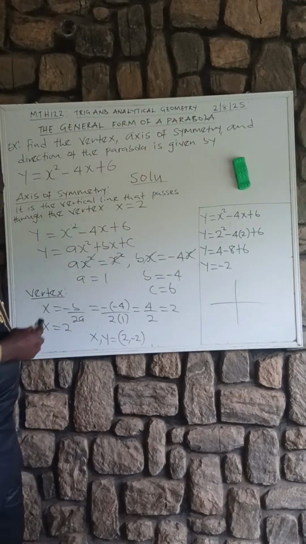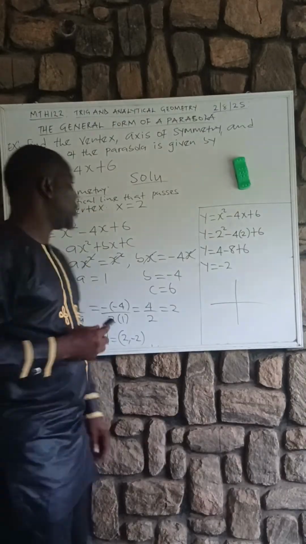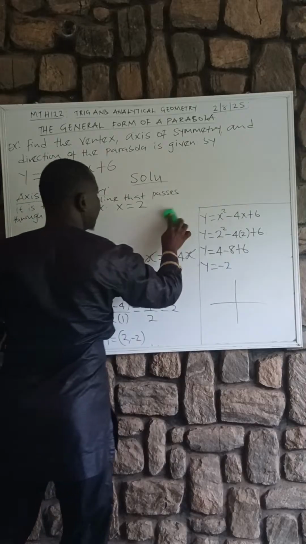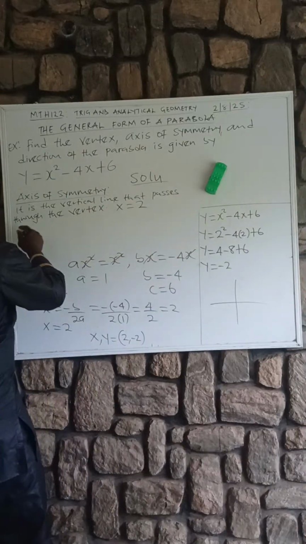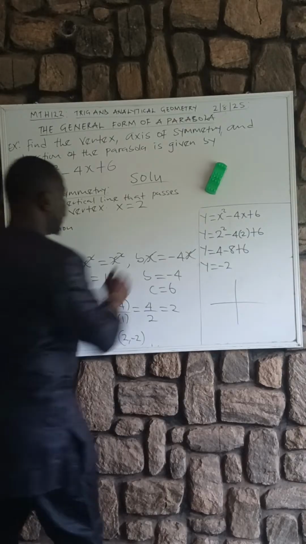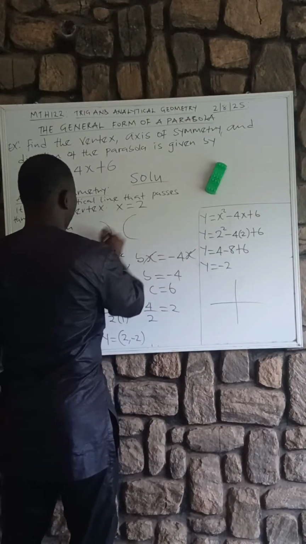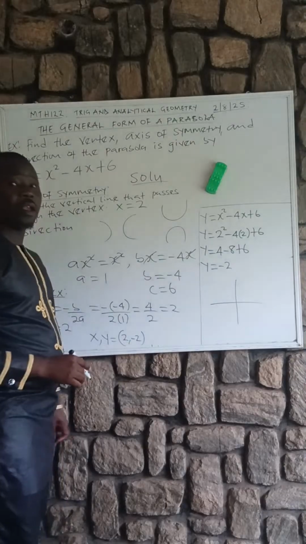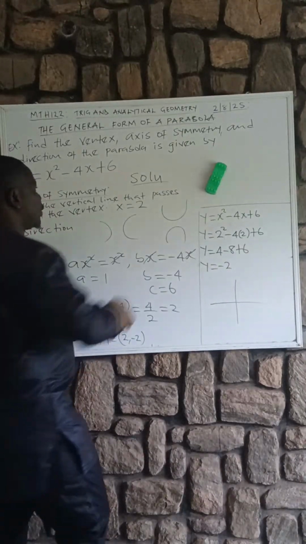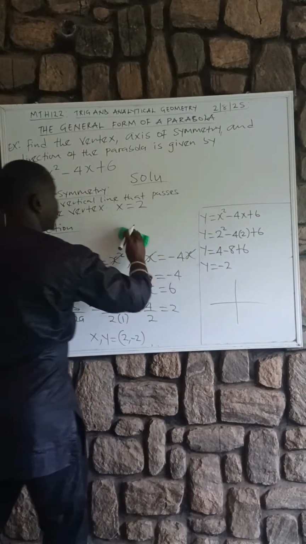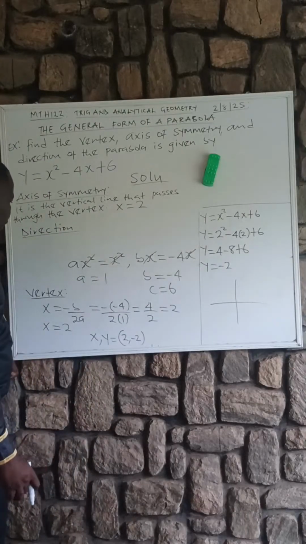Is that clear? The direction of the parabola. Let's try and consider the direction of the parabola, which direction the parabola is going. Is it this way, or this way? That's the question I'm trying to ask. I'm going to show you what it's all about.